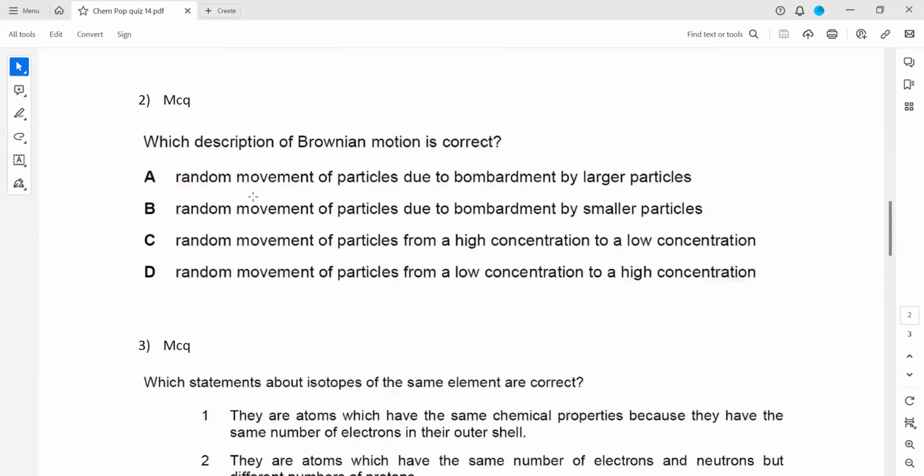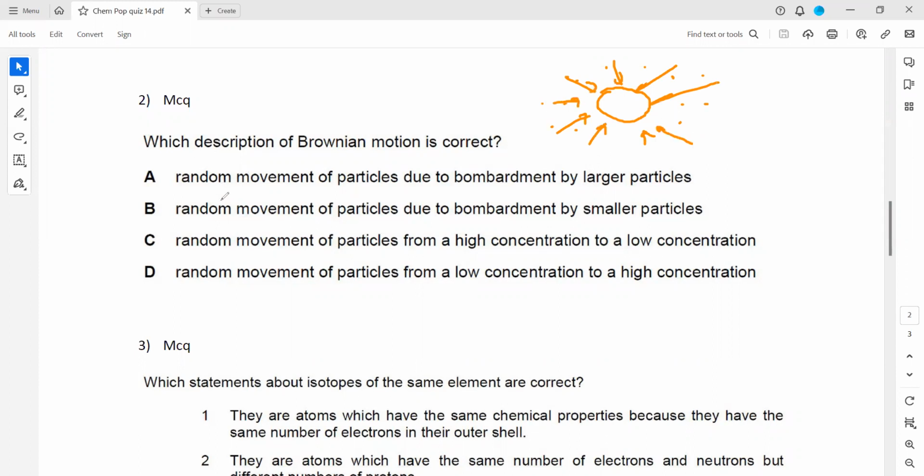In question 2, which description of Brownian motion is correct? So Brownian motion is actually a random motion of the particles. And why will the particle move randomly? Because the lighter particles hit them. Like if there's a heavy particle, say a dust particle or a smoke particle, and it is surrounded by the lighter particles, these lighter particles are continuously hitting the heavy particle, and as a result, it will cause Brownian motion.